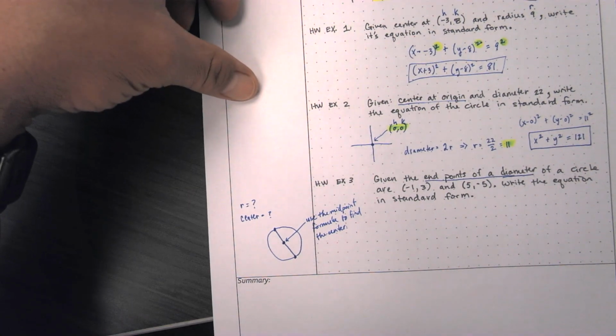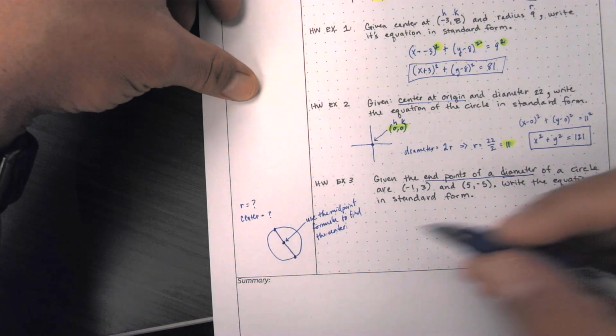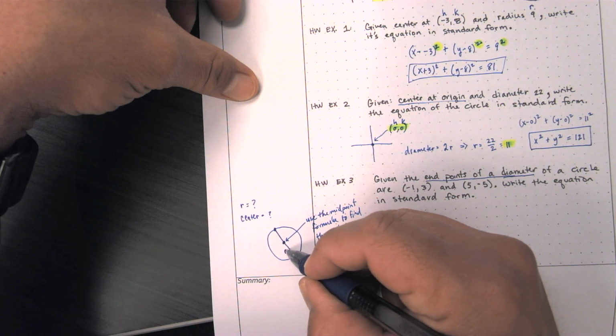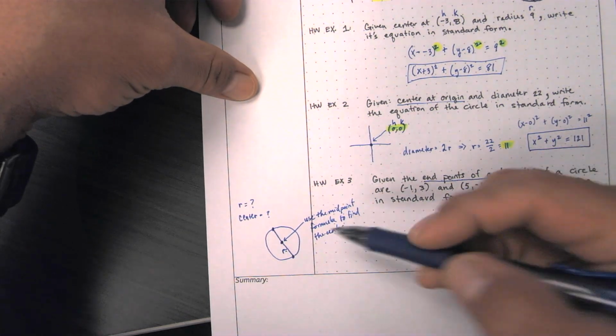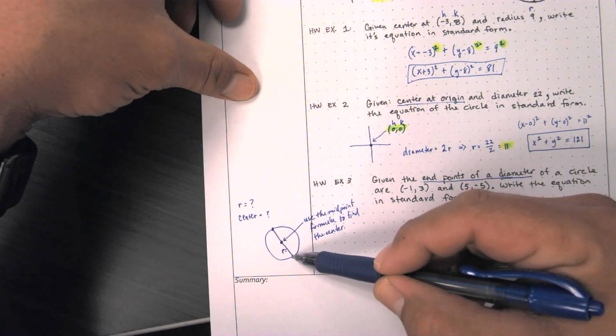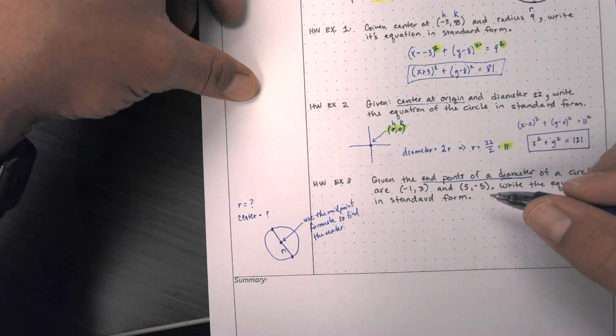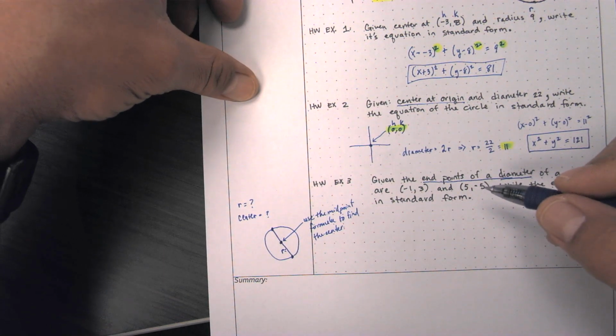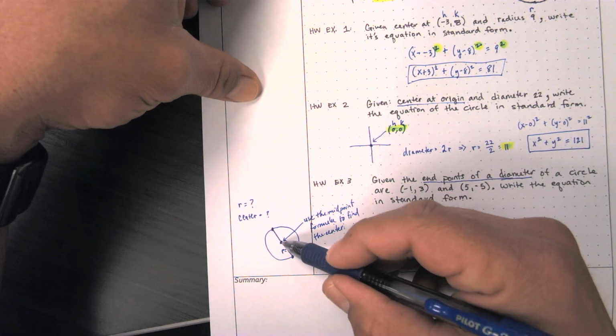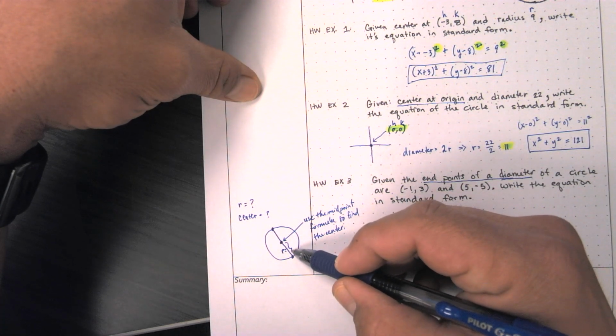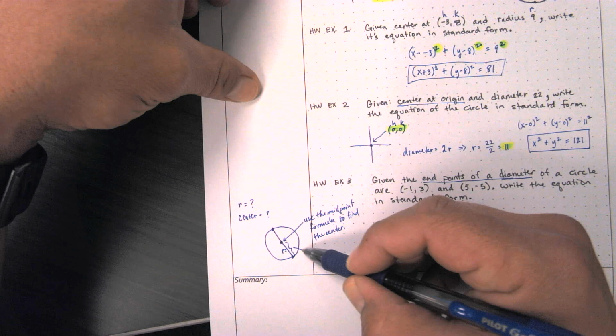Okay, and then from there we still need to figure out how long that radius is, and the radius is going to go from the center point to the outer end of the circle. So what we can do is use the distance formula to find that length.